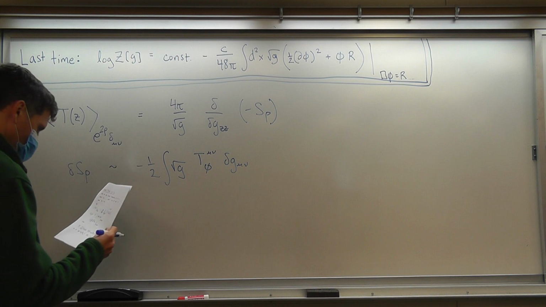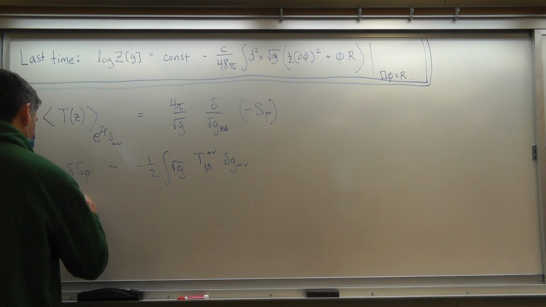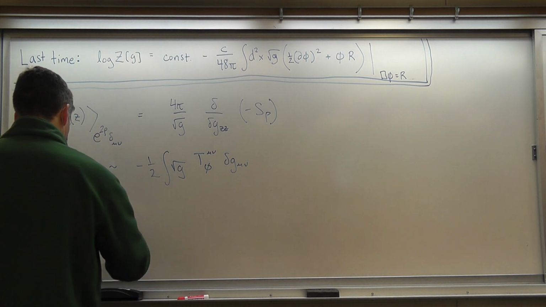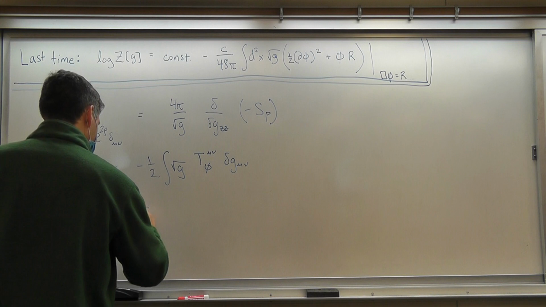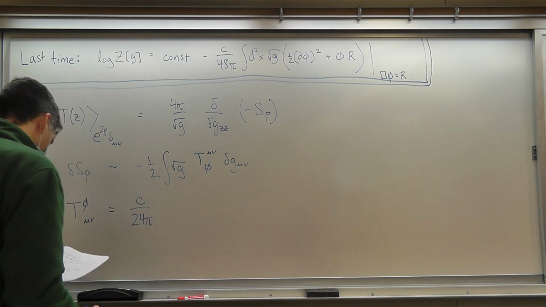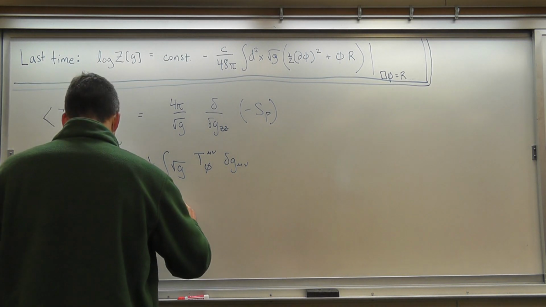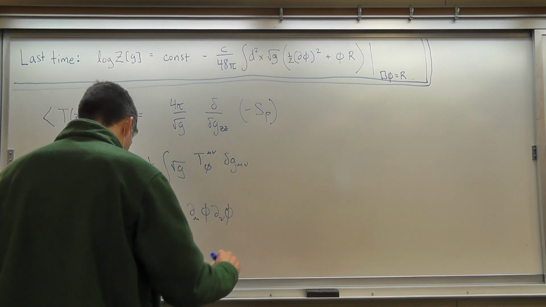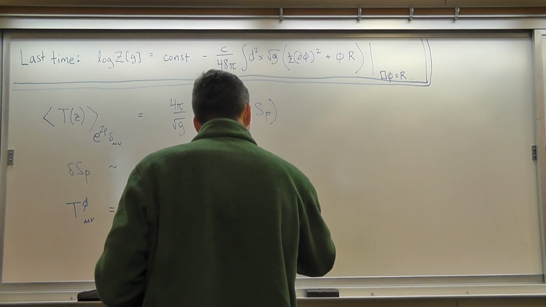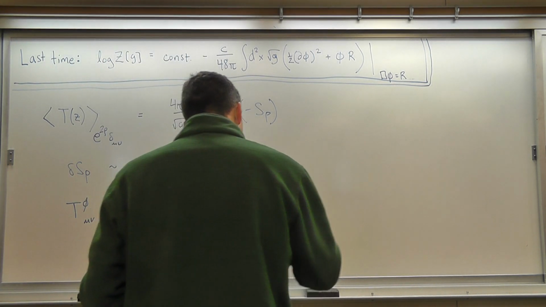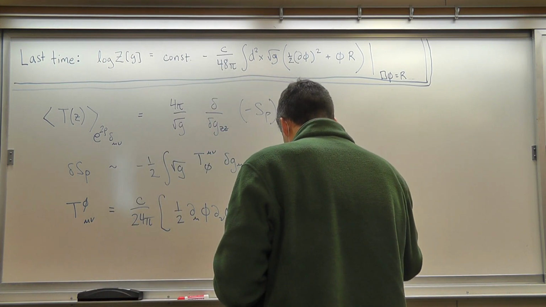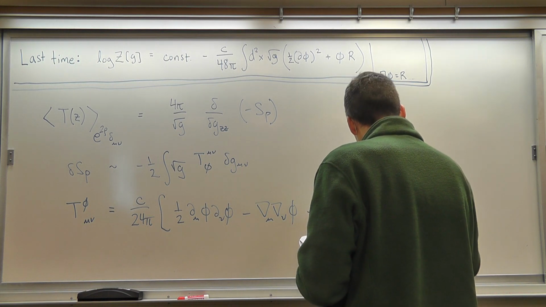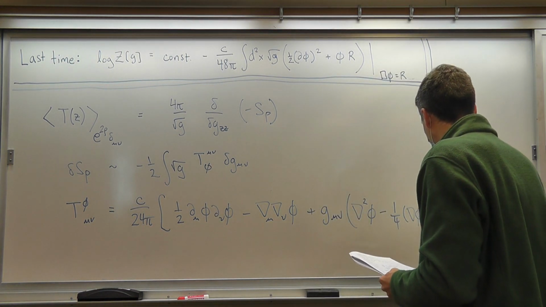So what T phi means here is the stress tensor associated to that action, as if you just pretend that's a scalar field action. So it's c over 24 pi. I won't go through the variation, but this is what you get: a half d mu phi d nu phi minus grad nu phi, plus g mu nu, del squared phi minus 1/4 del phi squared.